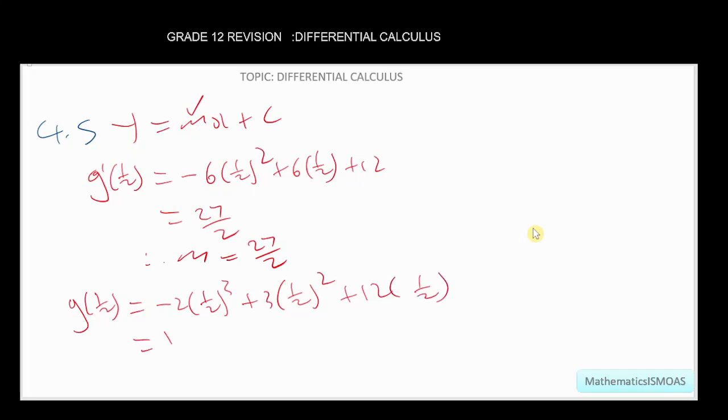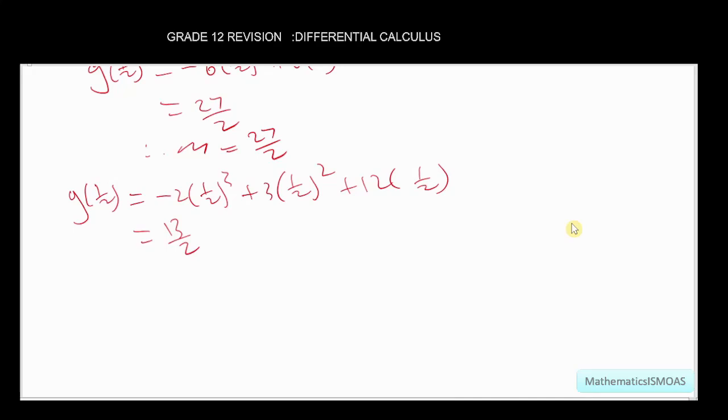And this will give us 13 over 2. Therefore, the point of tangency, our point of contact, will be where x is 1 over 2 and where y is 13 over 2.